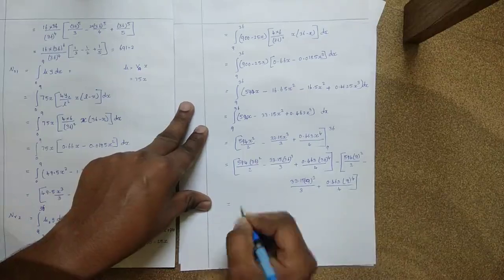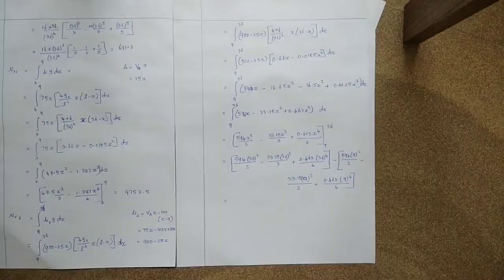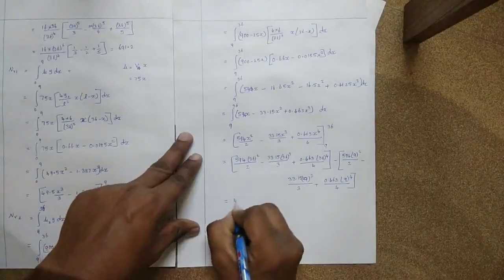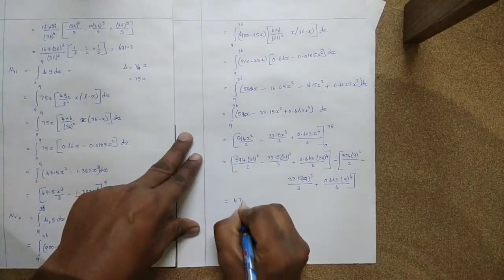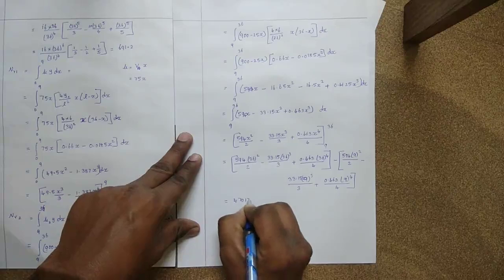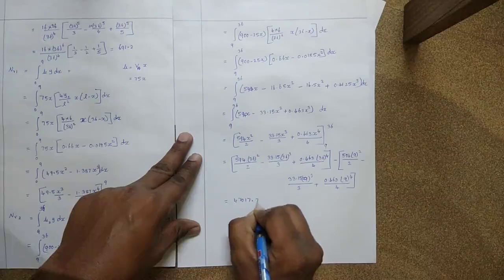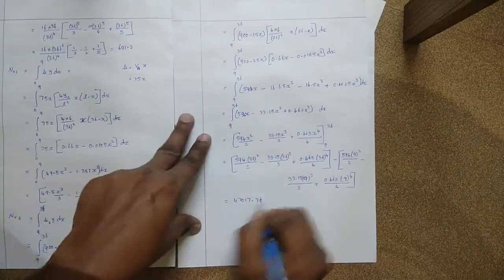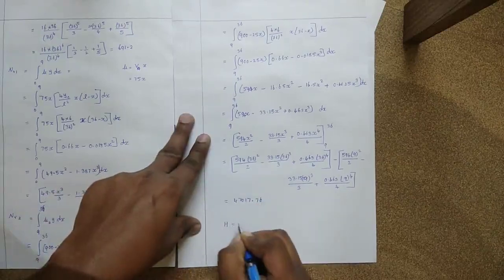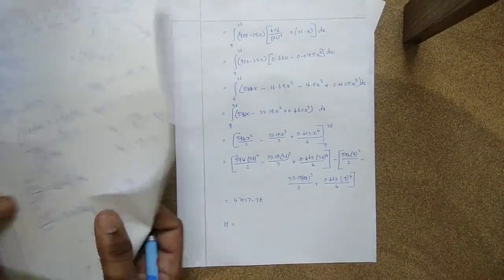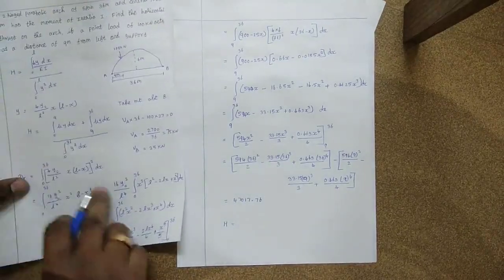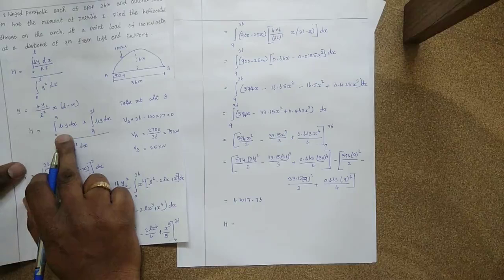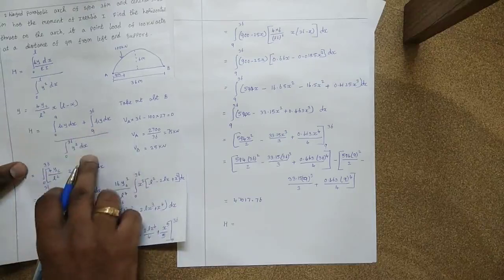By simplifying this, if you solve this, the value will be 47017.76. Next we need to calculate the horizontal thrust. We know that the formula is numerator 1 plus numerator 2 divided by the denominator.